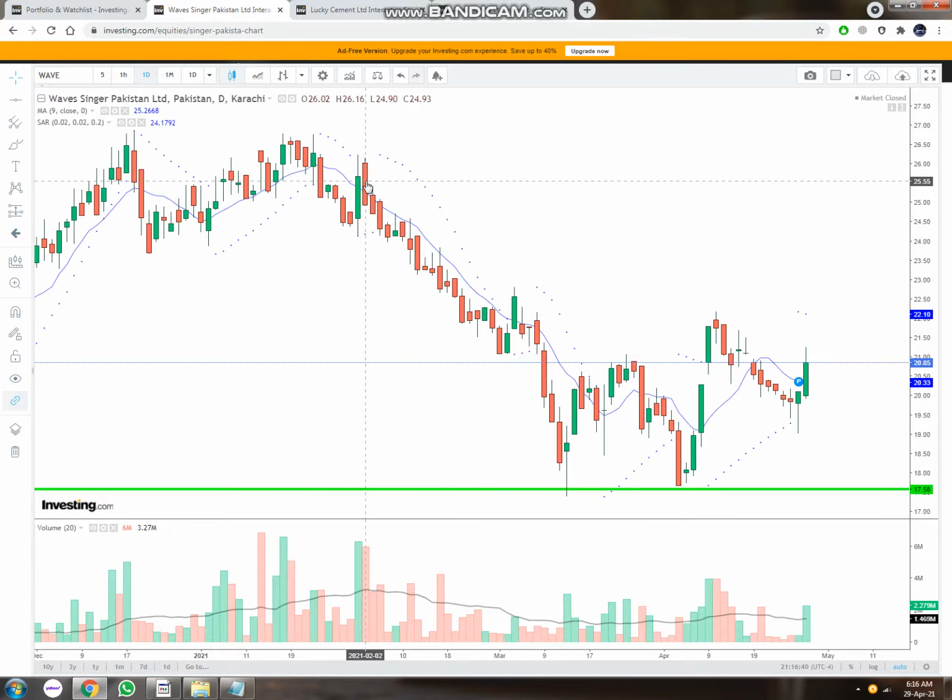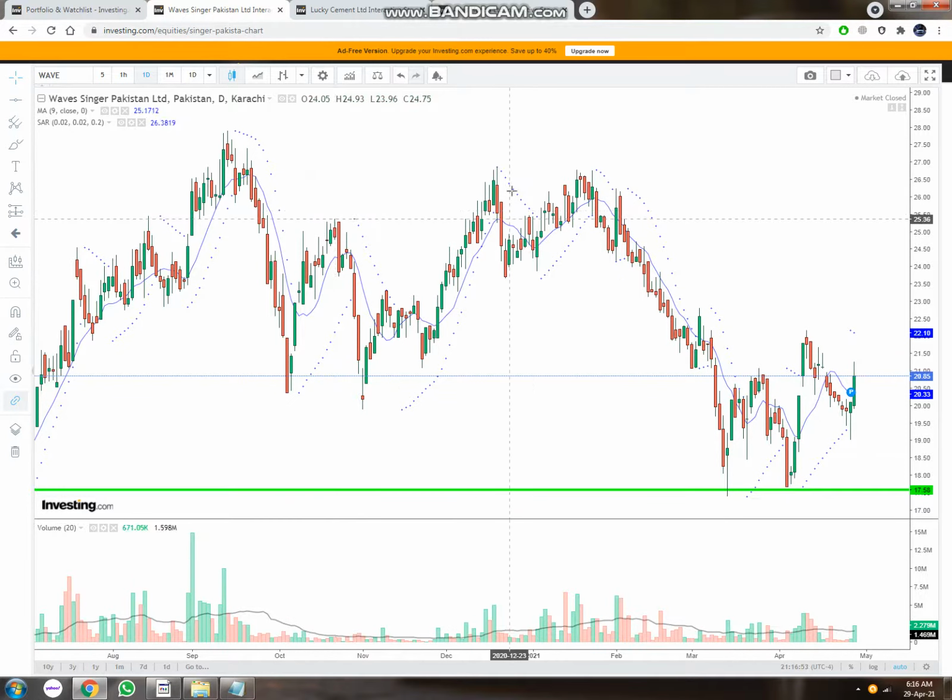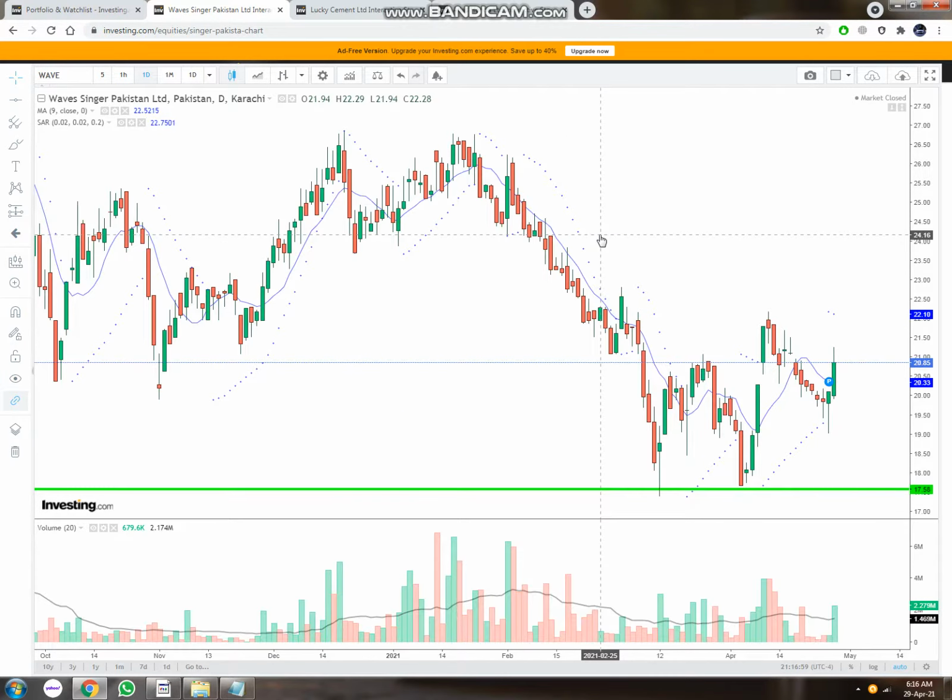So the bears were ready to gain control of the market and pushed it downward. At different points you will have to keep in mind where the market is heading. You can see it was at its high for most of the time. At this point the bulls were exhausted, you can guess from this point, and so the bears gained control and pushed the market downward.